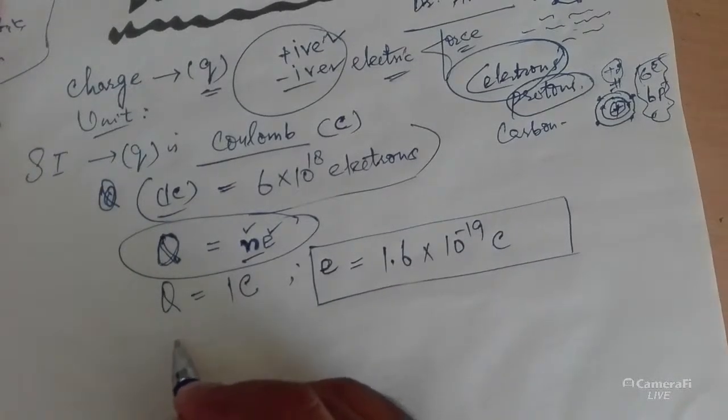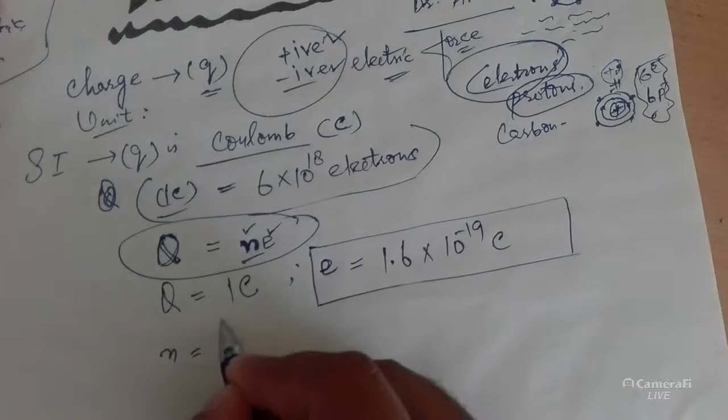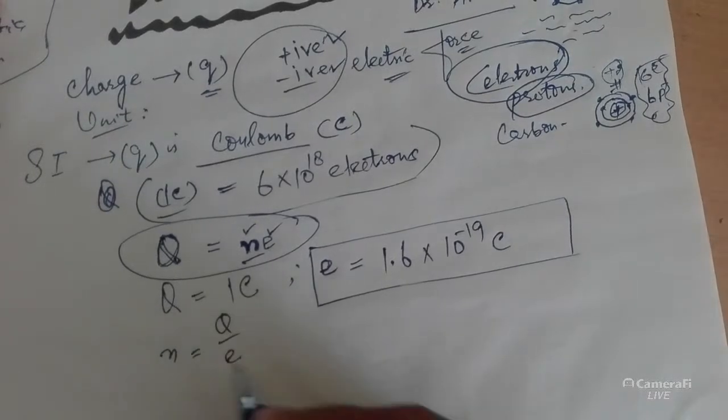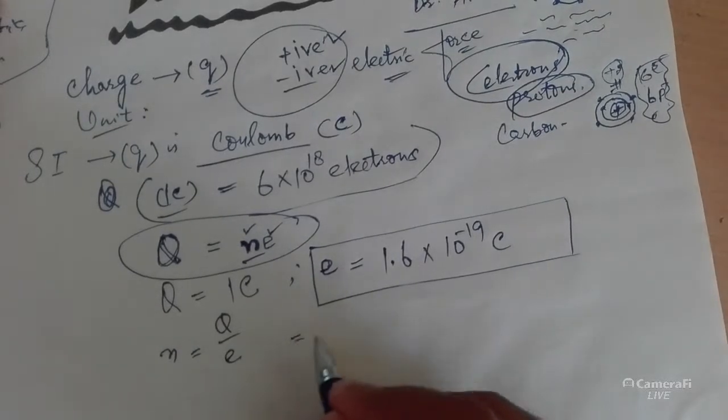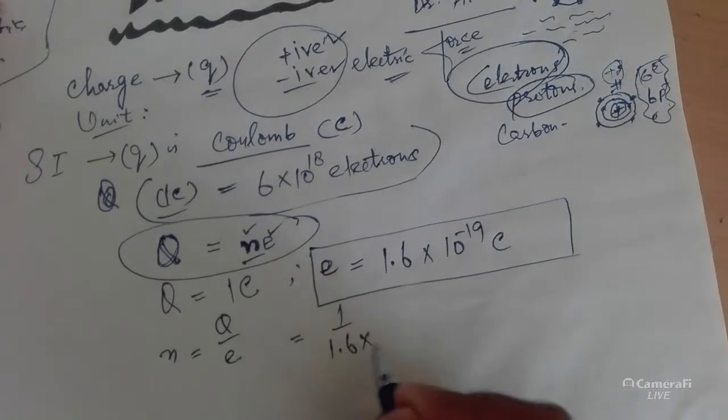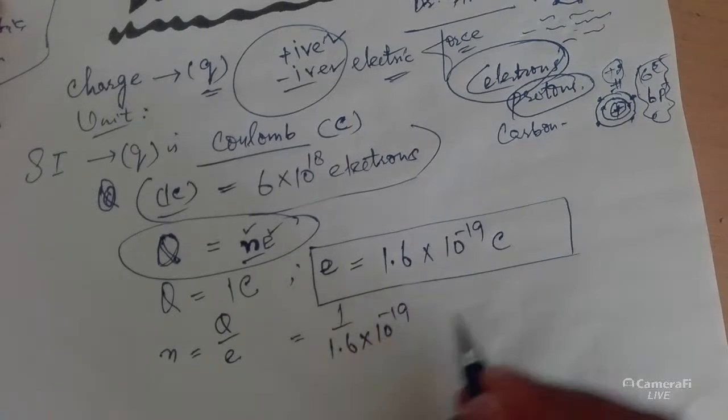We can use this formula: the number of electrons equals Q divided by e, which is 1 divided by 1.6 into 10 to the power minus 19.